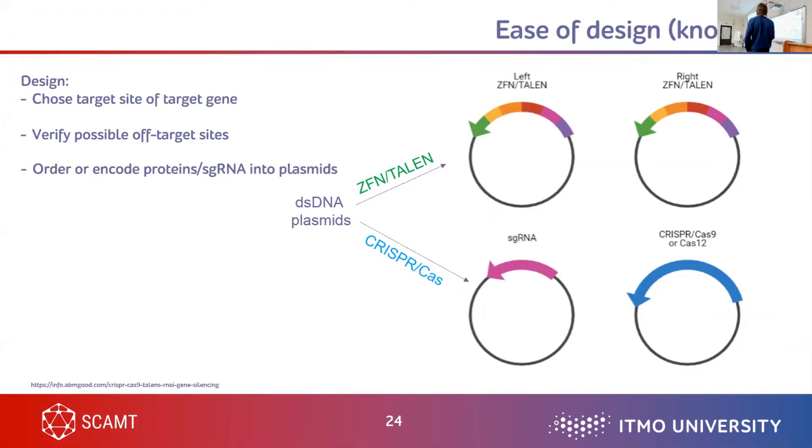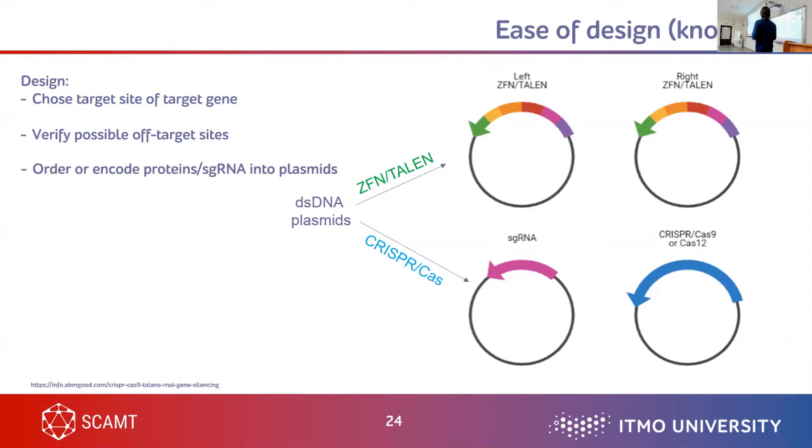After verifying off-target sites, we need to order or encode proteins or guide RNAs into plasmids. A plasmid is a circular double-stranded DNA that encodes information about the protein that we want to deliver into the cell. We know that zinc finger or CRISPR-Cas cannot be delivered as full proteins into eukaryotic cells easily.